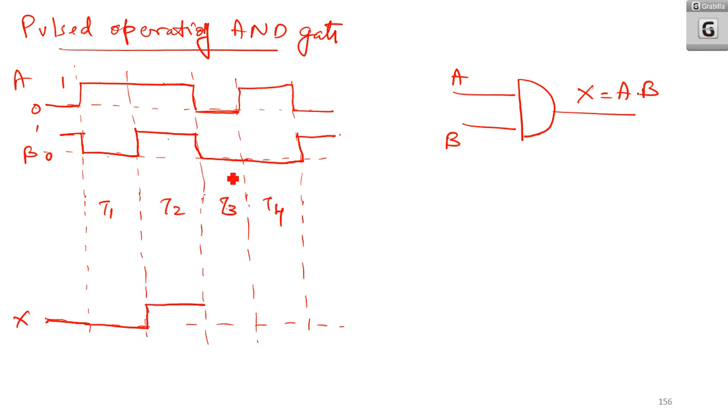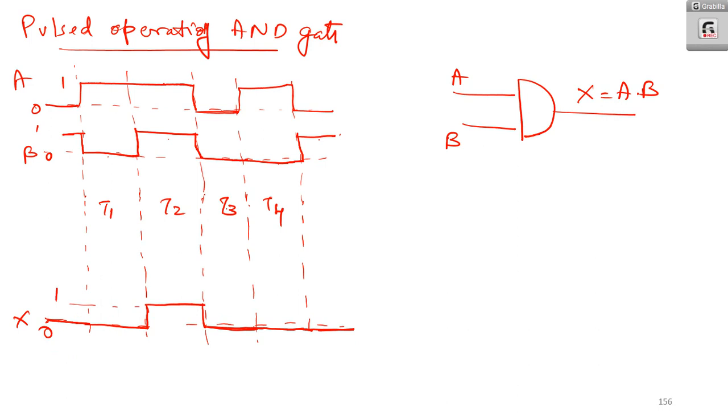At time instant T3, 0 AND 0, that is 0. T4, 0 AND 1, that is 0. And again, after T4, 1 AND 0, that is remaining as 0. So this is logic 0 and this is logic 1.